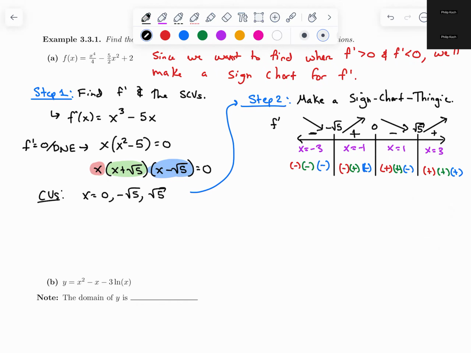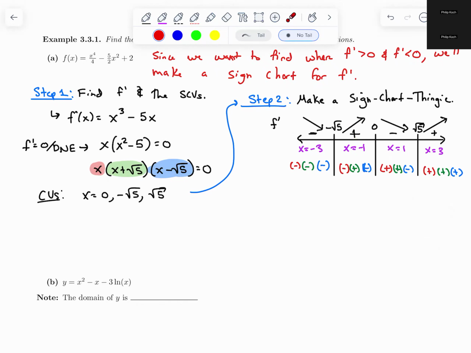Now, a couple of caveats to mention. First and foremost, did anybody remember the multiplicity trick from Math 126, where you can figure out what the sign of the next area is going to be based on the multiplicity of the zero or the root? It's okay if you didn't. These are all multiplicity 1, they're odd.